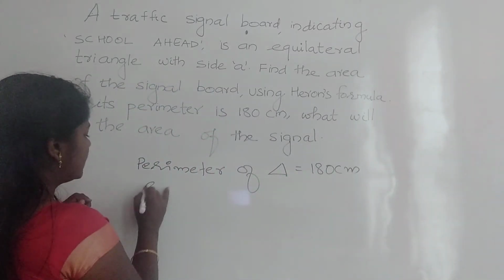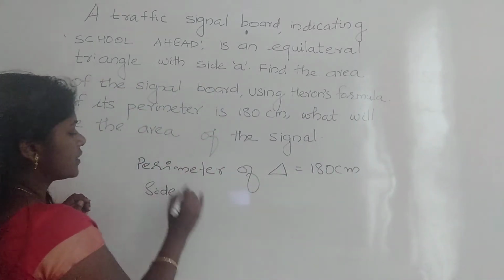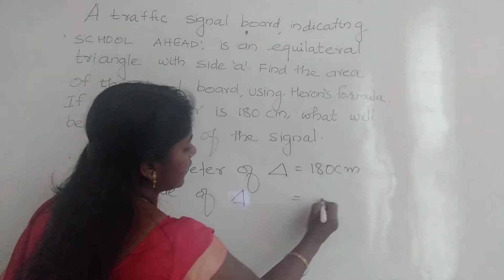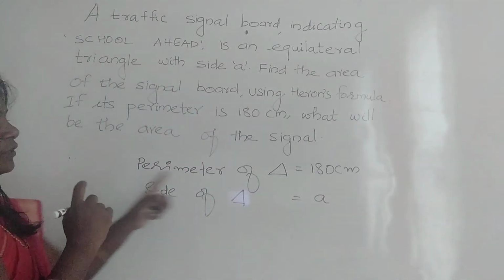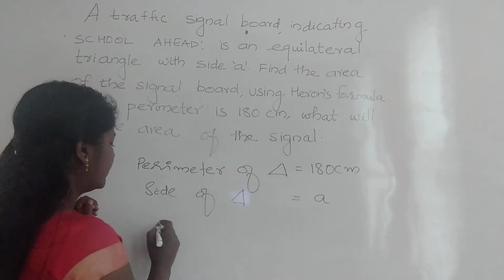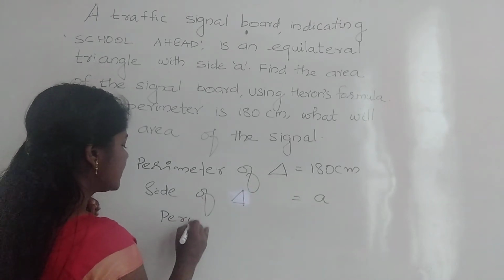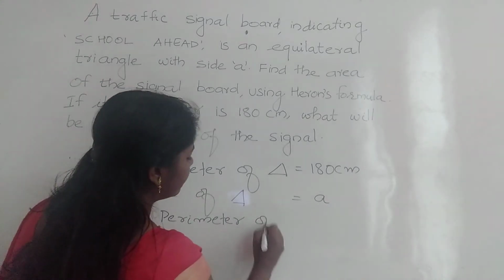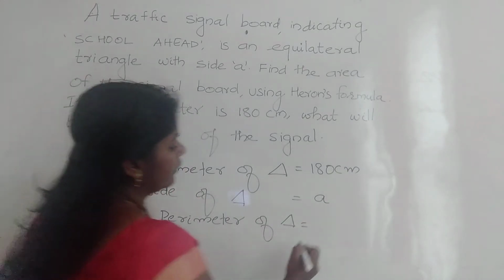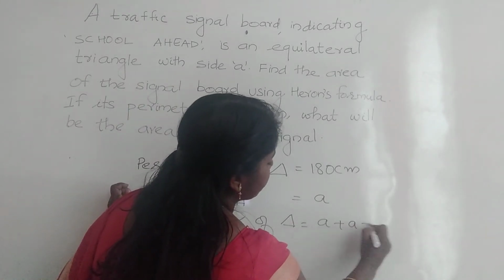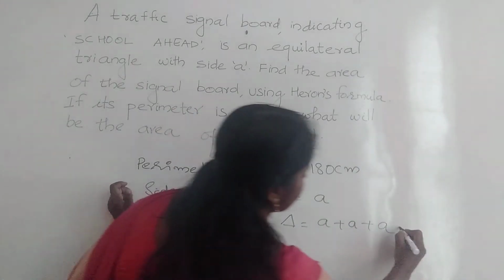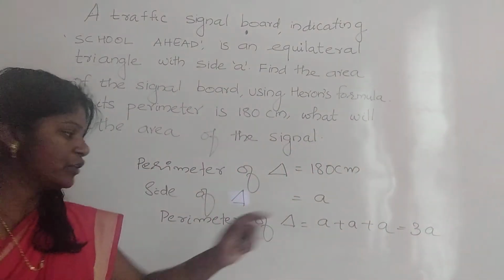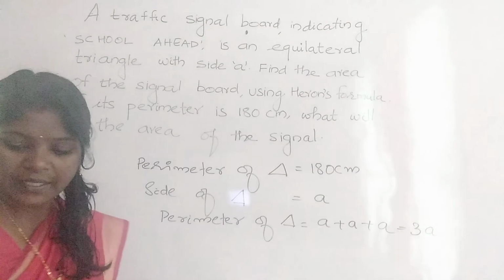Okay, then side of triangle A. What is the perimeter of the triangle? Then the perimeter of the triangle we can write as A plus A plus A, that is 3A. And they have given the value of 3A.